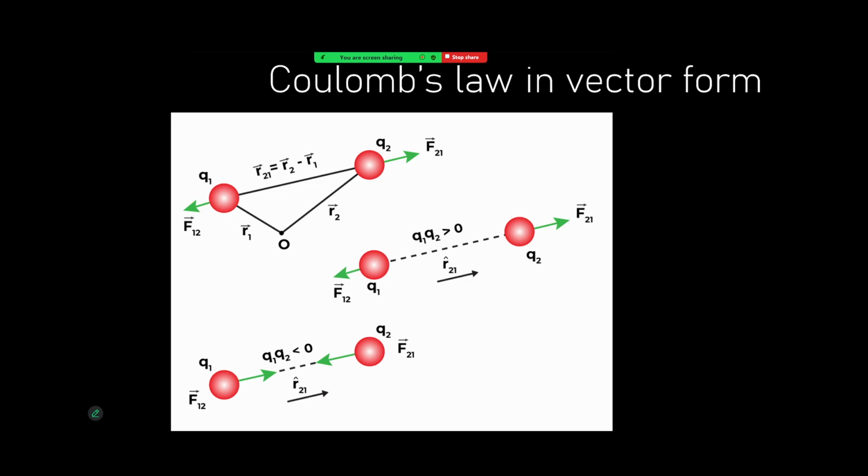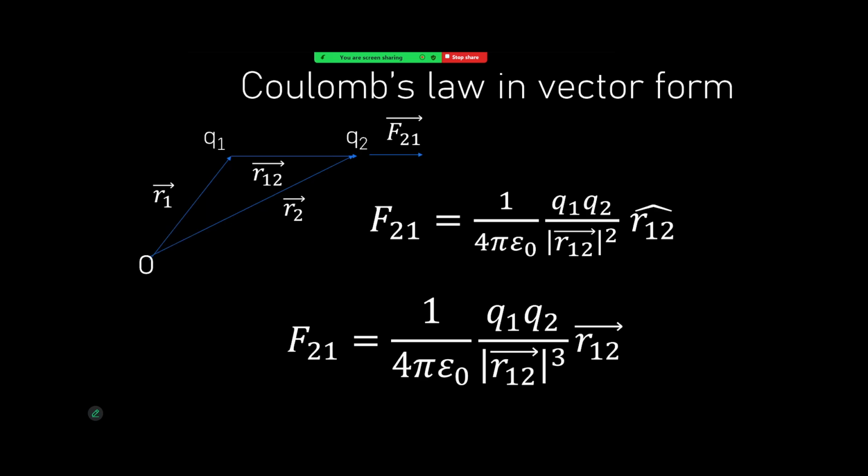Now we do a mathematical exercise on all these things. Here we have written the charge q1 with position vector r1, and the charge q2 with position vector r2. The distance between the two charges, or the position of 2 with respect to 1, is written as r12. The force on 2 due to 1 is written as F21, and that can be mathematically written like this.